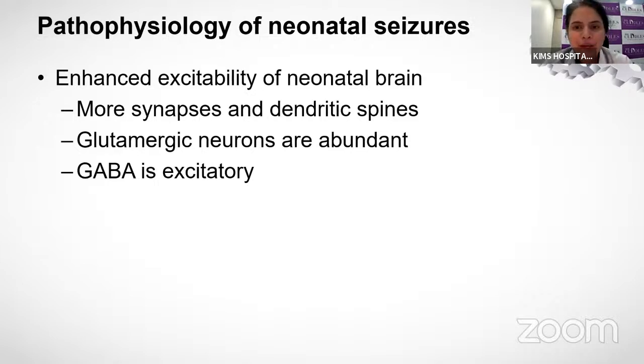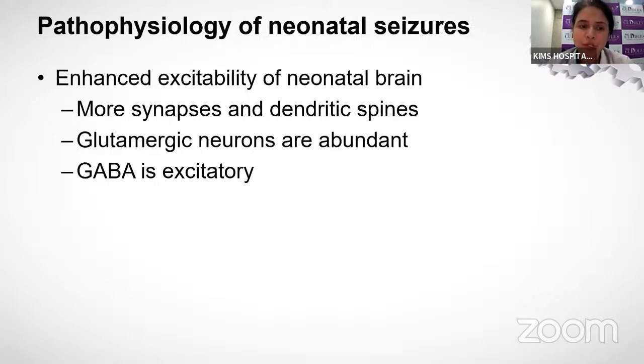And when we try to understand why neonatal seizures are so prevalent, or why seizures are more common in the neonatal age group than subsequent age groups, one needs to go back to pathophysiology to understand that the neonatal brain has enhanced excitability because of the presence of more synapses and dendritic spikes.